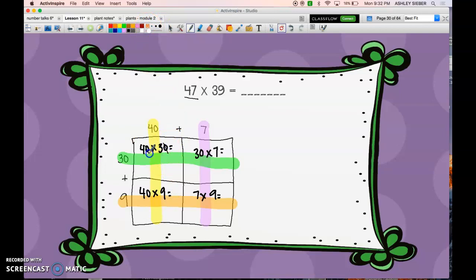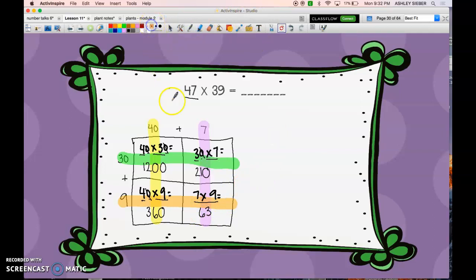Marking out my zeros. 4 times 3 is 12. 2 zeros back in makes 1,200. Mark out 1 zero in 30. 3 times 7 is 21. Add 1 zero back to my answer. Mark out 1 zero in 40. 4 times 9 is 36. Add 1 zero back. And 7 times 9 is 63.